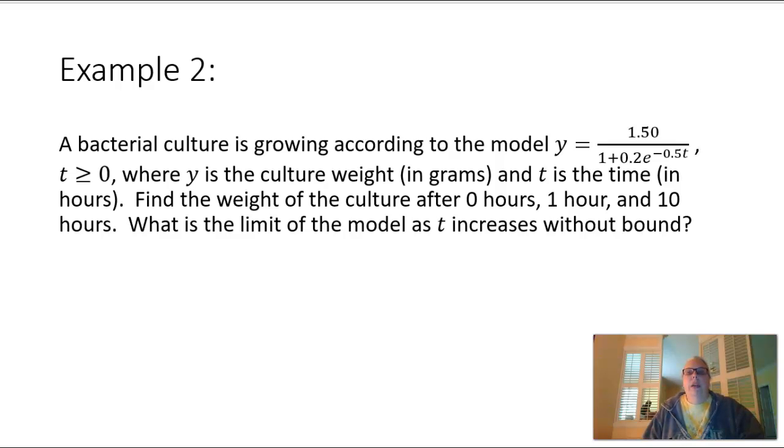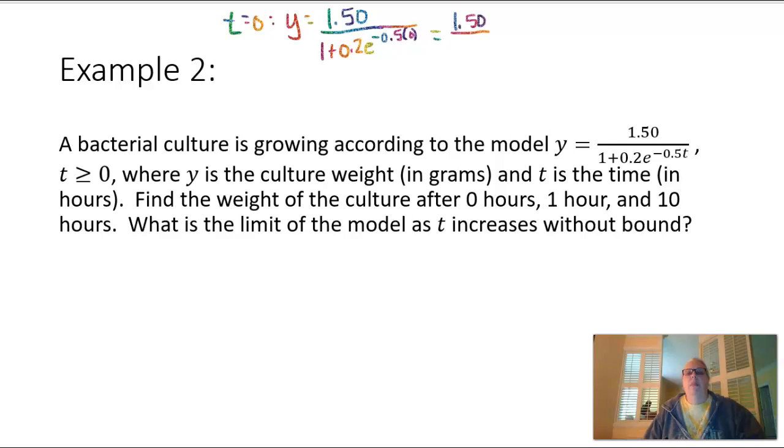So let's start there. Alright, when t is equal to 0, we'll have y equal to 1.5 divided by 1 plus 0.2 times e to the negative 0.5 times 0 power. Okay, the 1.5 is not going to change.